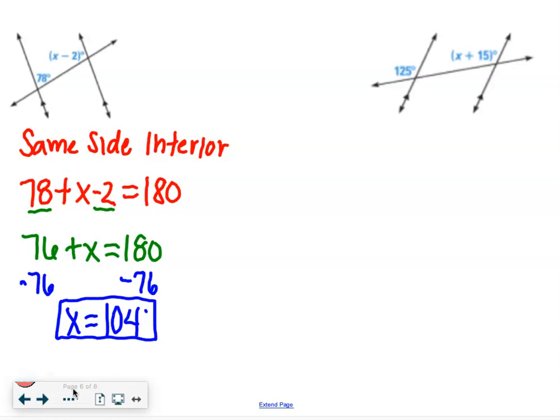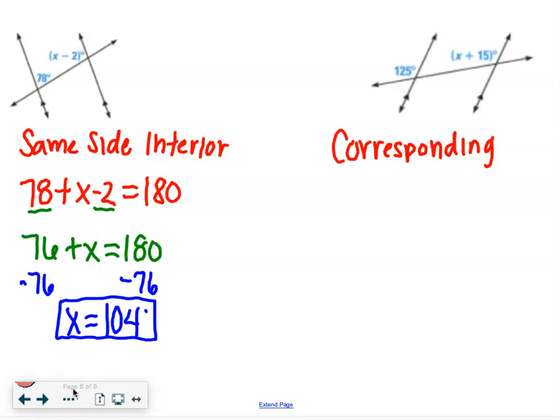All right, this next one. So you're thinking this one's in the top left corner, and this is in the top left corner, so they're in matching spots, which makes them corresponding. So we have corresponding angles, and corresponding angles are congruent.